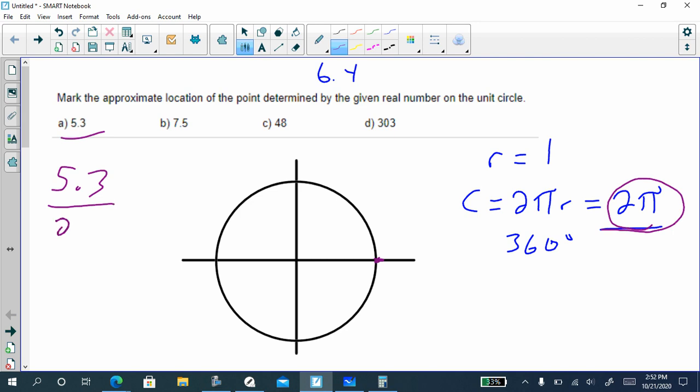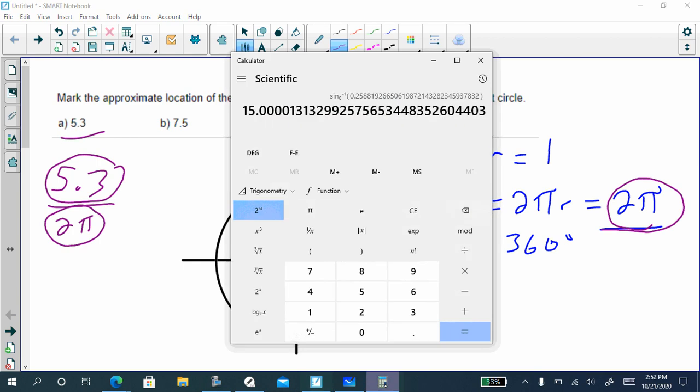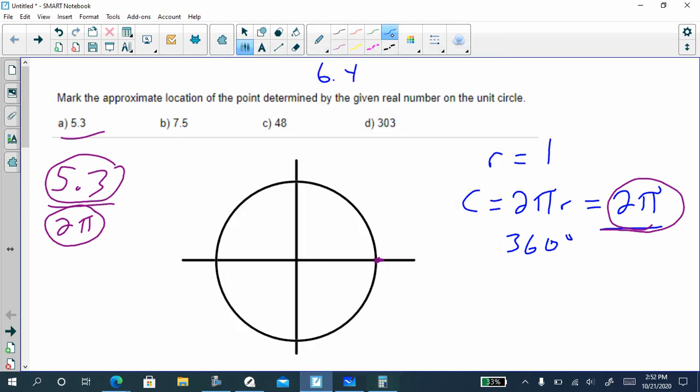So if we divide that by 2 pi, the part divided by the whole, then it's going to give that as a percentage, or as a decimal. So 5.3 divided by 2 pi gives us 0.84, or about 84%.